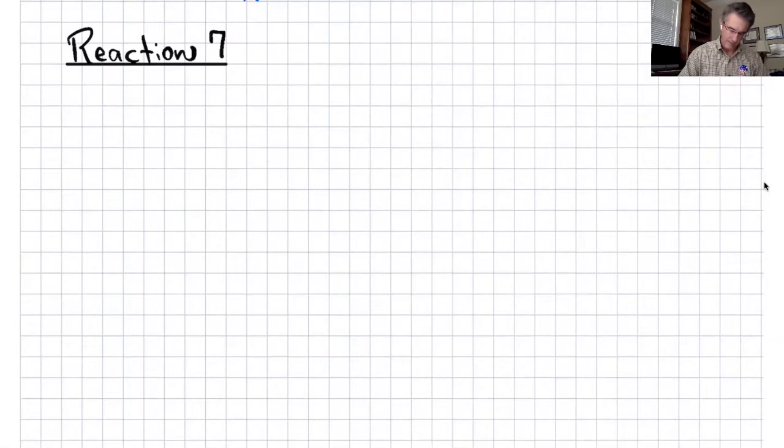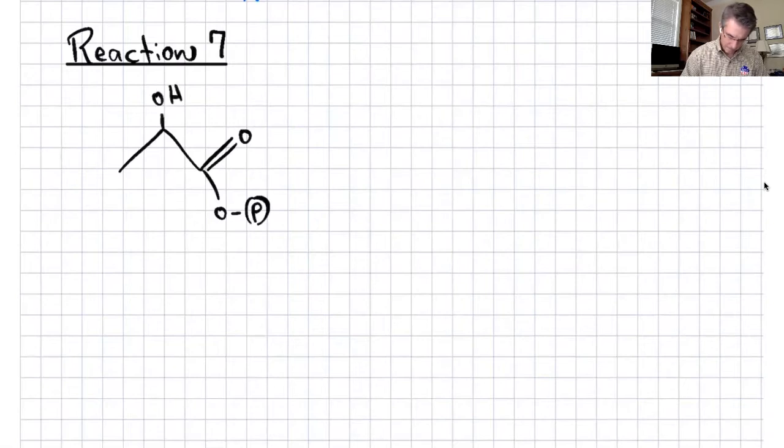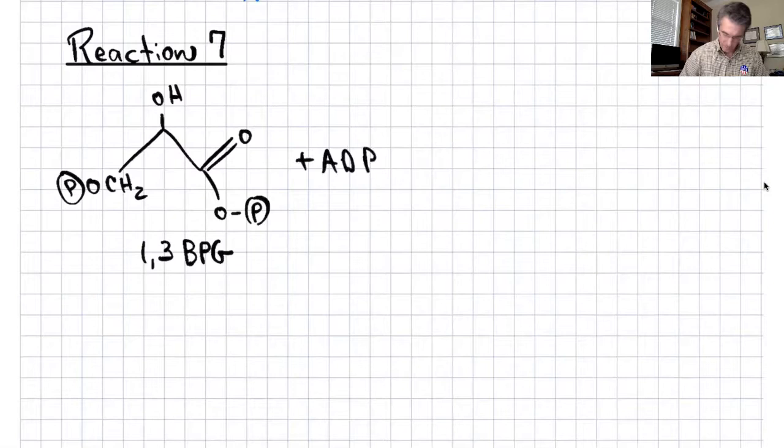So we're going to take a molecule of this 1,3-bisphosphoglycerate, right? And we're going to take some ADP, right?